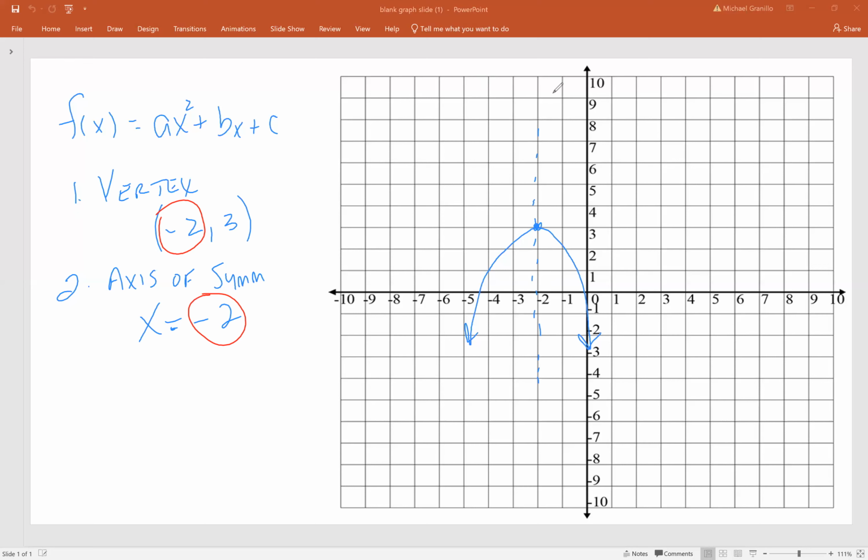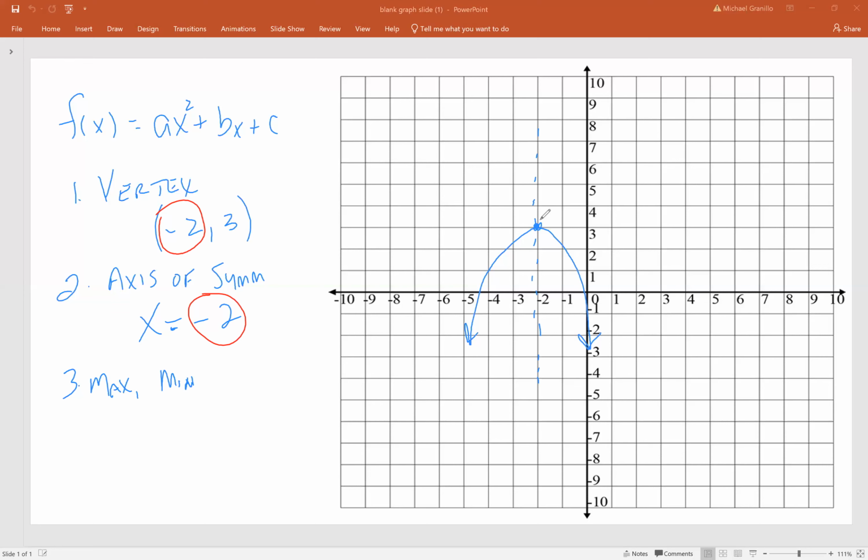Okay, number 3. This is something that's new. Okay, they're going to ask you, what is the maximum or minimum value? Okay, well, it's still asking you about the vertex.